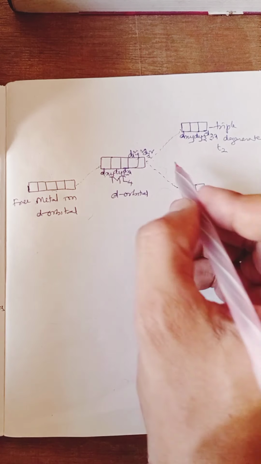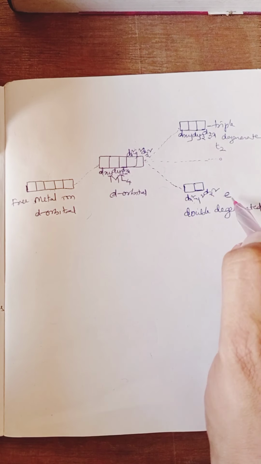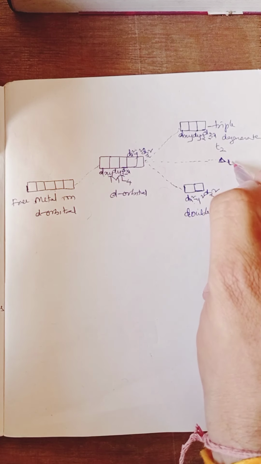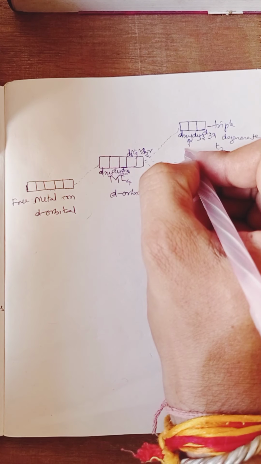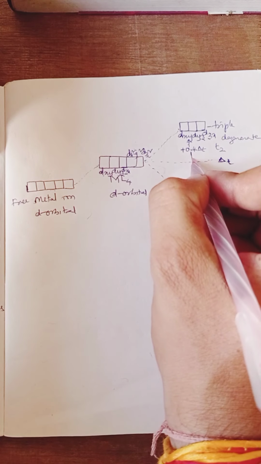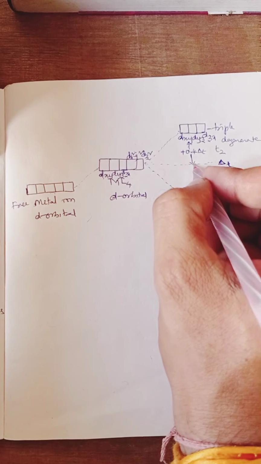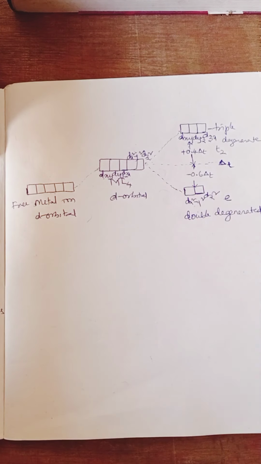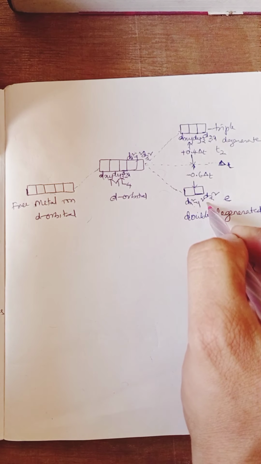Right? So like this it happens. When we go with the excitation energies of T2 and lowering energies of E, the excitation is plus 0.4 delta T. The energy is raised for the T2 orbitals, and by minus 0.6 delta T the E orbitals decrease their energy, right?